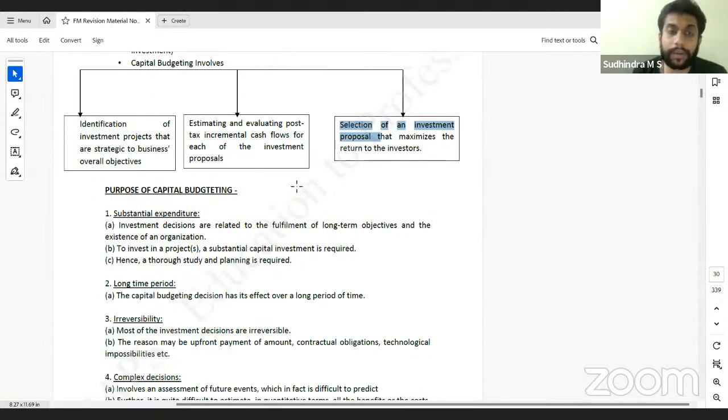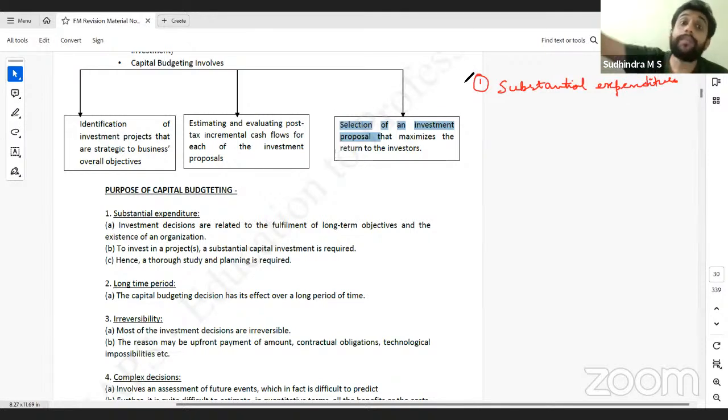What are the purposes of capital budgeting? Why do we need capital budgeting? Because of substantial expenditure. That's the first point. A huge amount of expenditure is involved. In case of working capital, with day-to-day expenditure, the amount involved is lesser than this, right? When we look at investment in a project, it will be big amounts. Since big amounts are involved, capital budgeting is very much required.